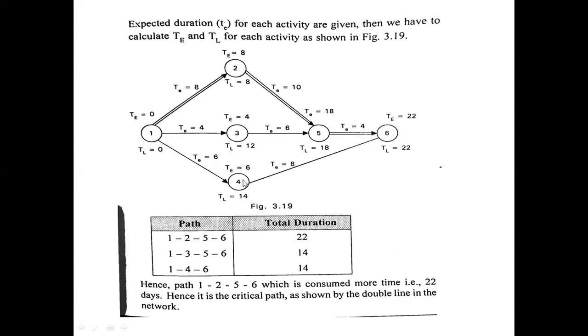And from this C here, 14 minus 6 is 8. So here it is 0, and here you are going to get 8, and here you are going to get 8. Out of these three values, 0 is the least one. So we have to consider the latest finish time of the first activity as the least, that is 0.